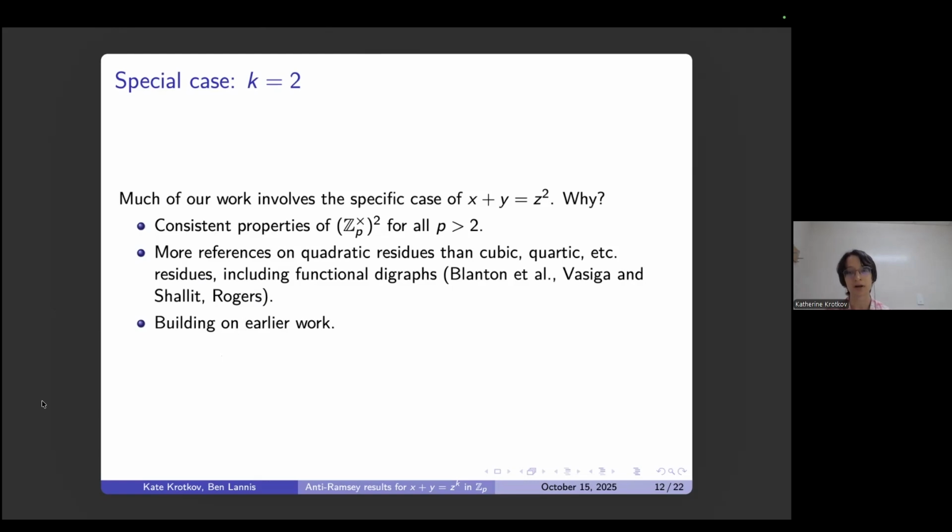So for odd primes, 2 obviously divides p minus 1, which means that we have this nice case where the cardinality of the squares in the group of units is p minus 1 over 2. Every square has 2 square roots, and this is something that does not generalize for higher values of k. For example, if k is equal to 3 and 3 divides p minus 1, we have a similar situation where a third of the elements of the group of units are perfect cubes.